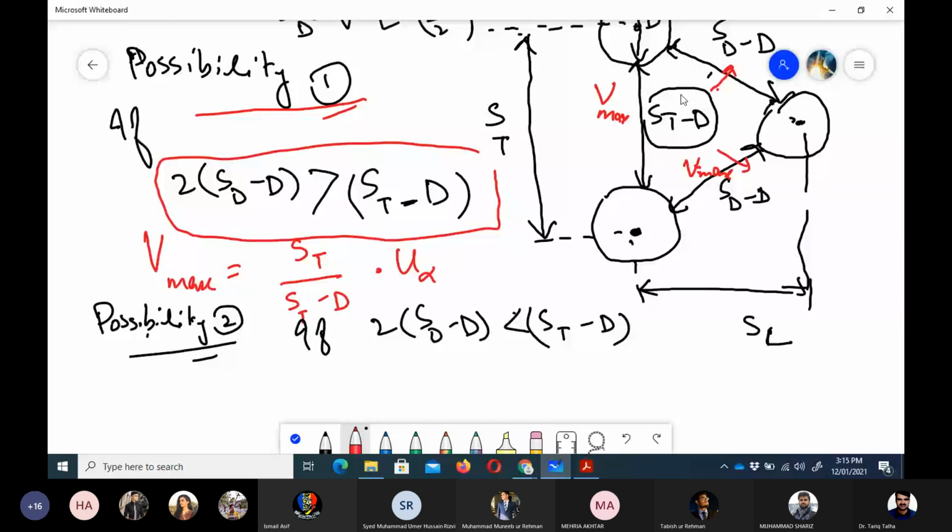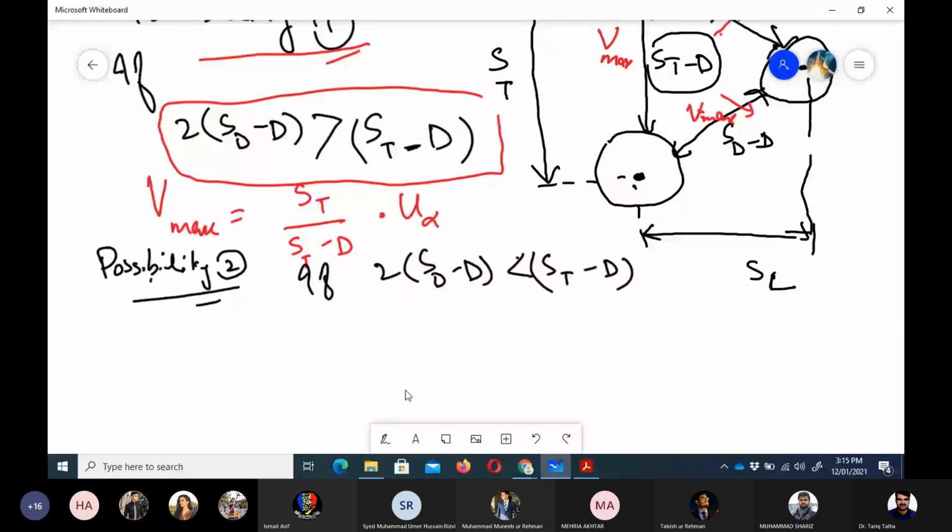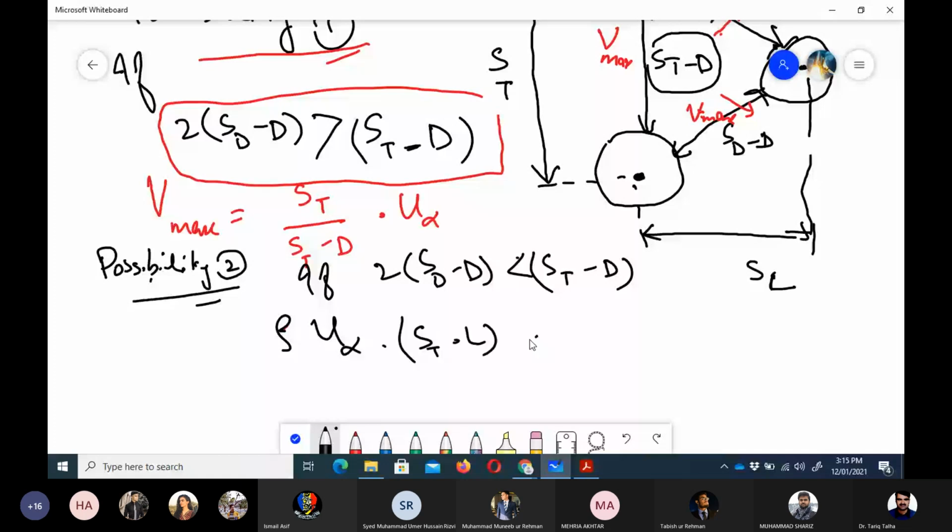So even if two times SD minus D is smaller than ST minus D, if we apply the conservation of mass, we can write rho into U infinity at point 1 equal to St into L, and on the other side, the conservation of mass here gives rho into Umax into 2 times SD minus D.